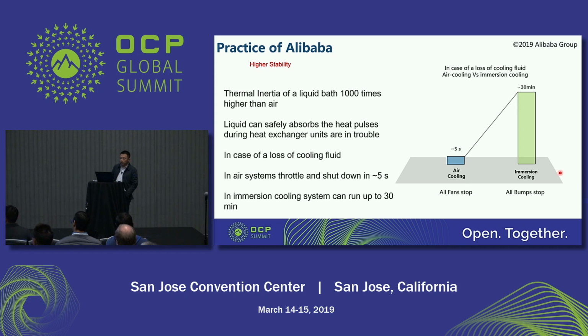If the system meets some trouble, the IT equipment can keep running longer. As can be seen from this picture, when all fans stop, servers with air cooling can support about 5 seconds. But in the immersion cooling data center, the servers can support about 30 minutes when all pumps stop.